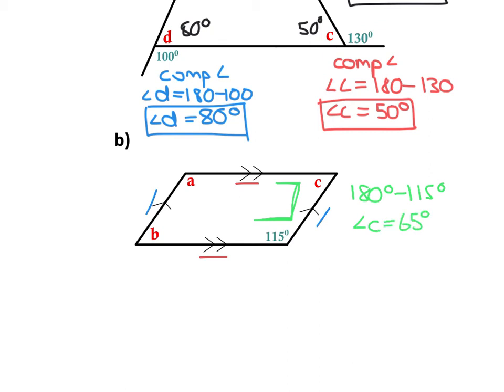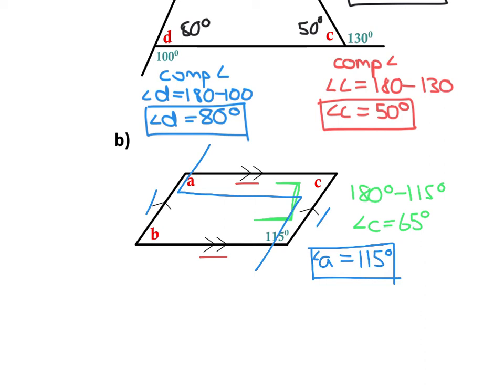And now if you really want to, you could look at this as a Z pattern. So our Z would fall like that. So looking at a more sideways view, A is equivalent to 115 degrees. And I'll use a different color for this one.